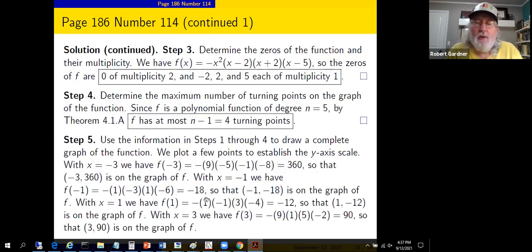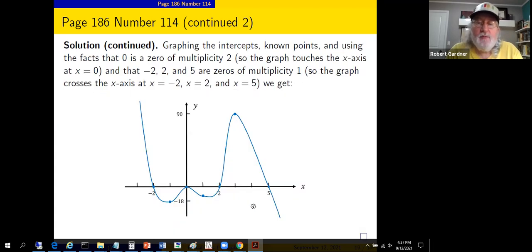Let's go back and look. Plugged in +1, we got out -12. So there's that point. We plugged in 3 and got out 90. I think we plugged in -3 and got out 360. So that's off the scale for this one, so we'll ignore that point. But since we've got these 3 points, other than the intercepts, we know it crosses.